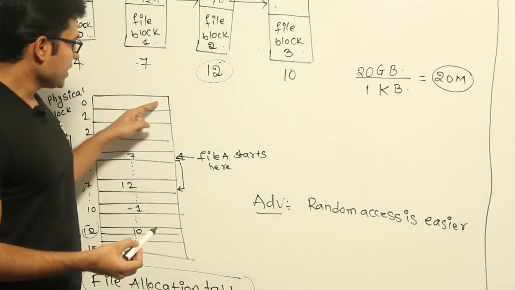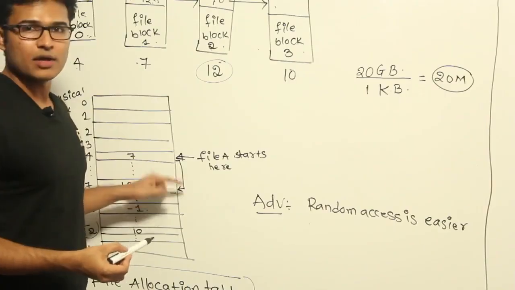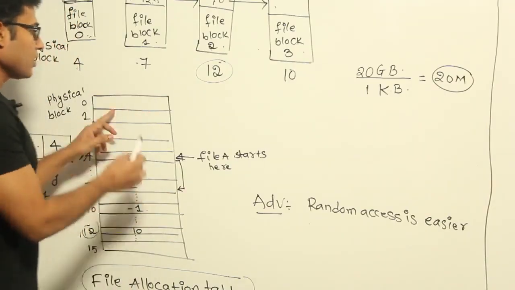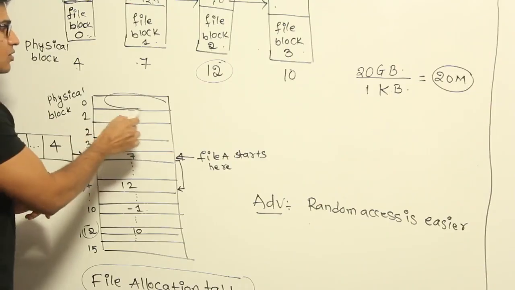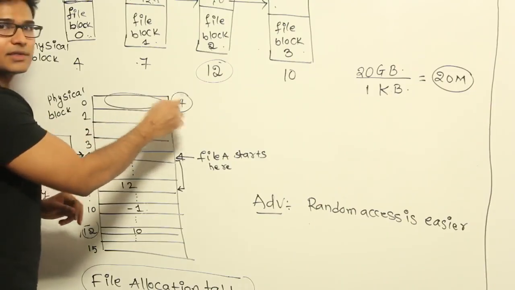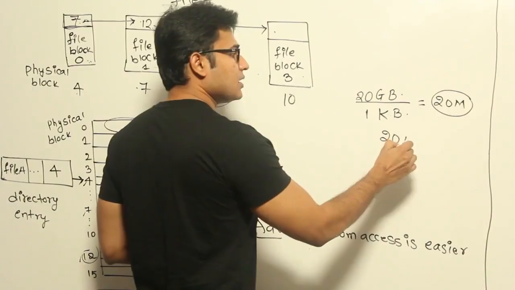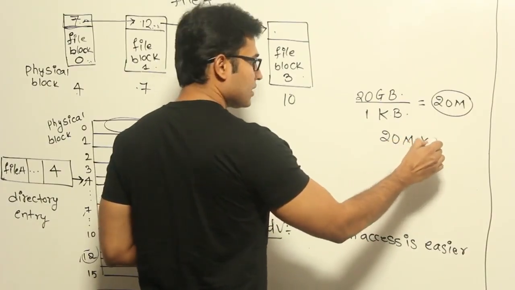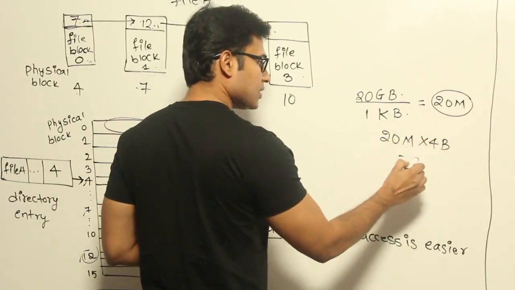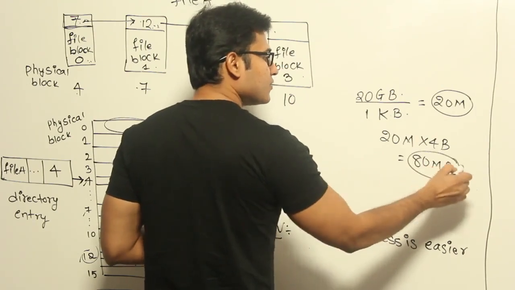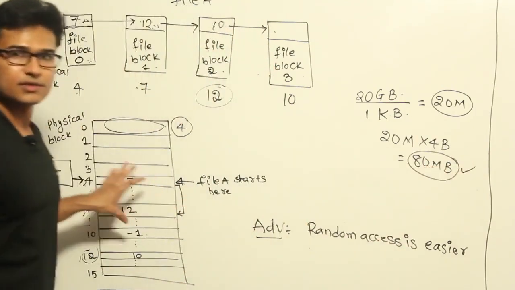Now if you have to maintain one entry for every block, then you will have to maintain 20 million entries, right? Now assuming that each entry is going to occupy a space of 4 bytes, it is going to take up a space of 20 million times 4 bytes, which is nothing but 80 MB. So 80 MB of space is wasted only to maintain this, right?